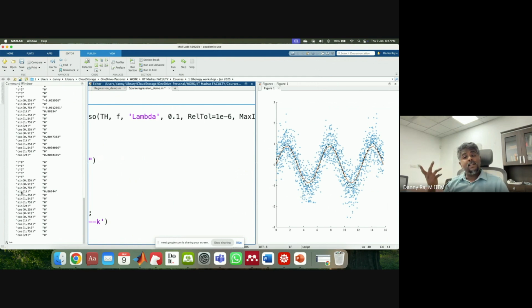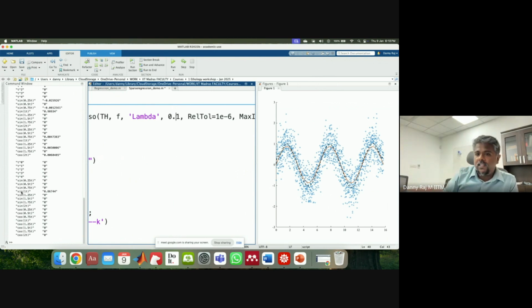Now, what lambda to choose is still up to you. There is no principled way to figure it out. Perhaps there are other things like cross-validation and many other things that people use in machine learning now, which could be used to automate this. But still, this is a parameter for the optimization itself.